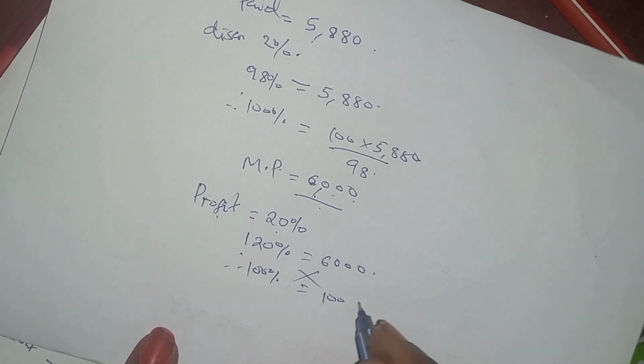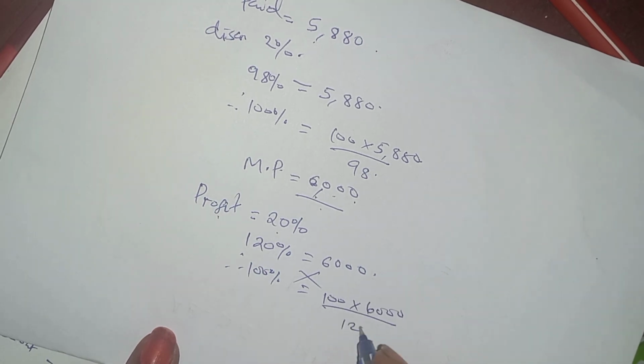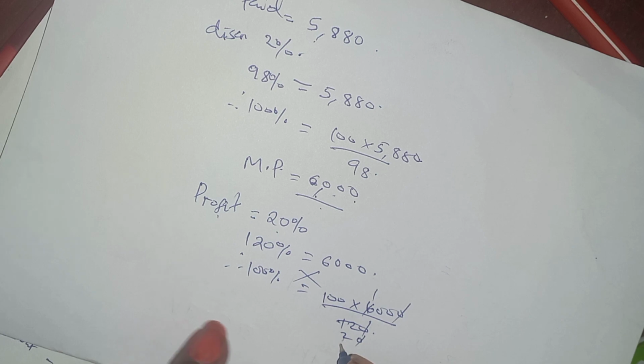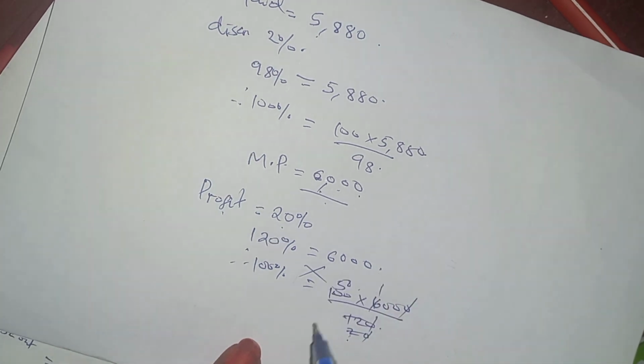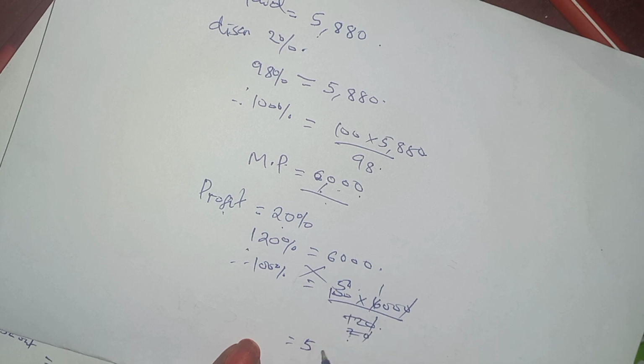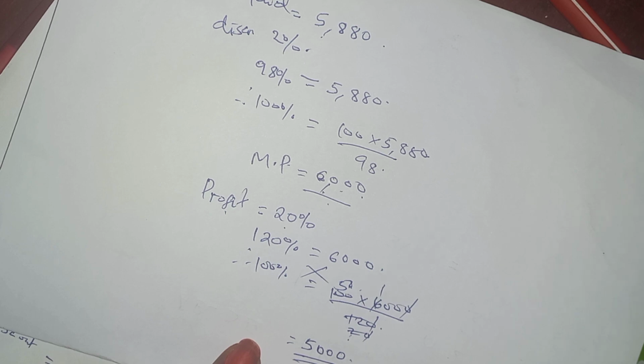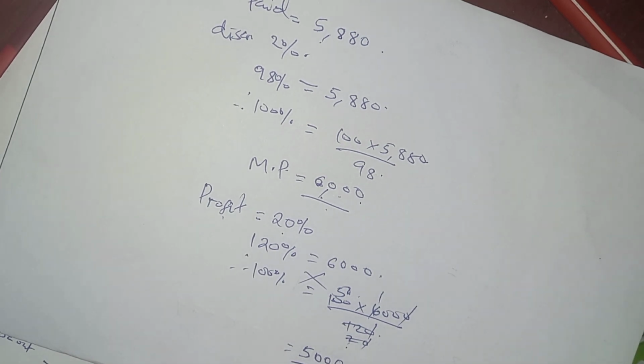Then we cross multiply 100 times that, 120, and we're left with 2 here, then these 2 will go here 50 times. So there we'll have 500. This is 5,000. So the buying price of this shopkeeper was 5,000 shillings.